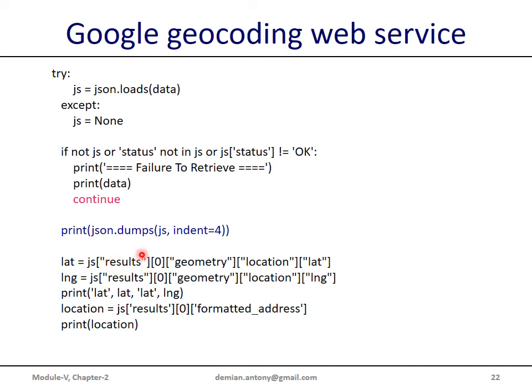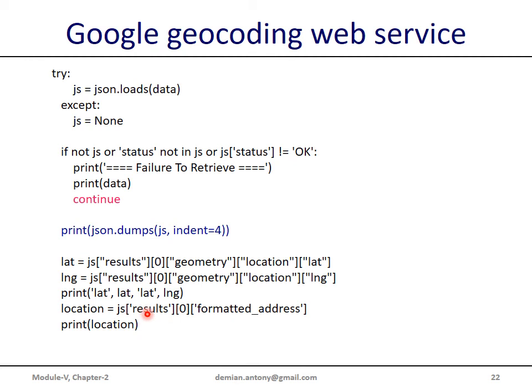The latitude is obtained from js, this is the results key, and this is the first result, that's the best match, and geometry is a nested key, underneath which are location and latitude. Similarly, longitude is found within the geometry location, and we print this longitude and latitude. This is lat and this is longitude.